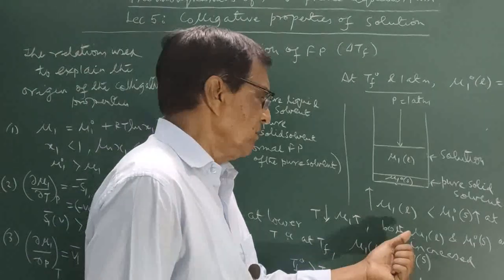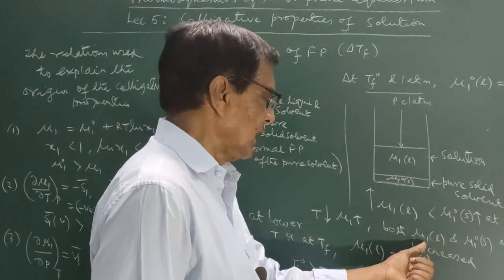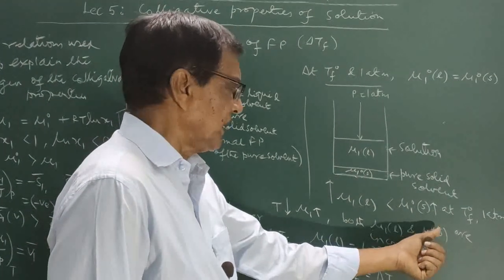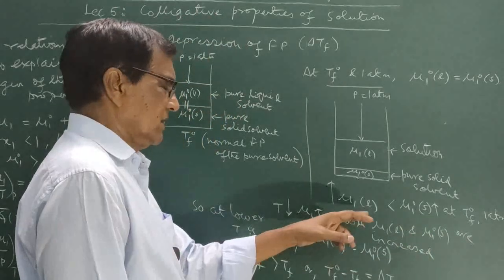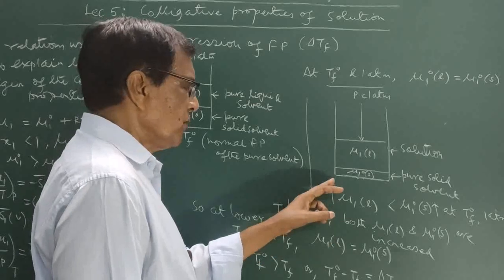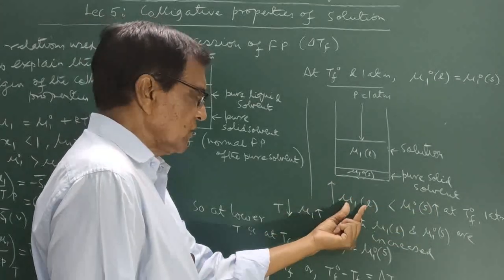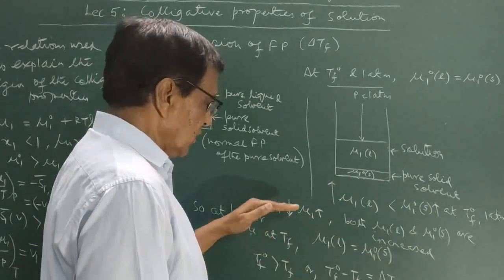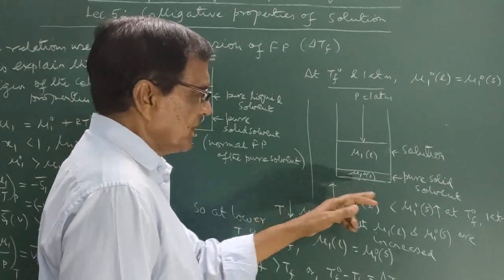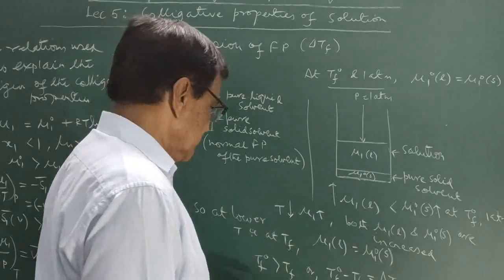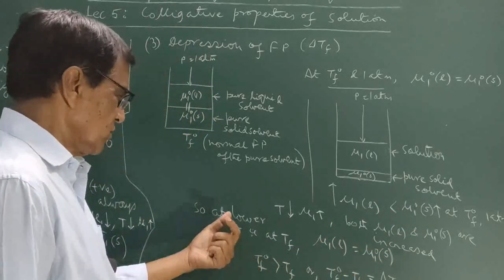So both mu1L and mu1 naught S will be increased, but in the case of the liquid, the increase is more than for the solid. The liquid one is lower to begin with, but with lower temperature it will increase more, and these two become equal at this lower temperature.